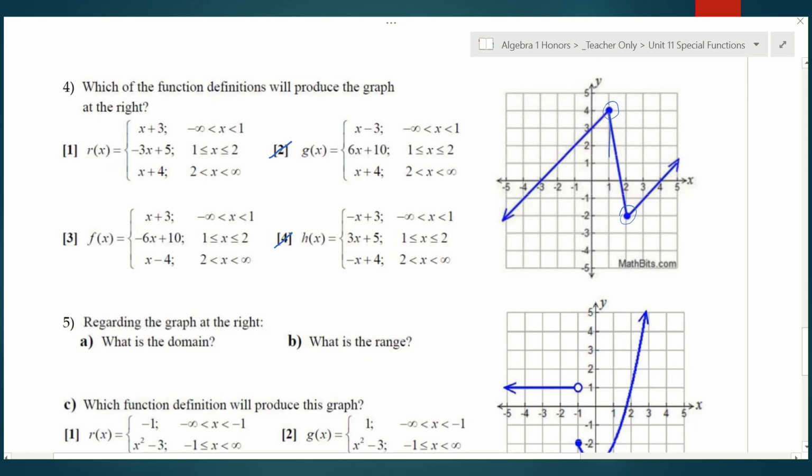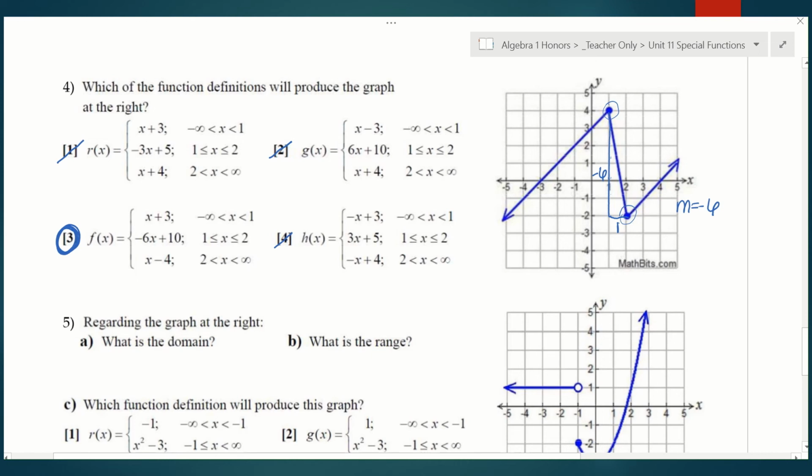We count the rise over run, which is -6 over 1. So I know my slope of that line is -6, which is great. That eliminates choice 1 because the slope of that middle line they're saying is -3, which isn't true. So that's a great way to do process of elimination for ones like these.